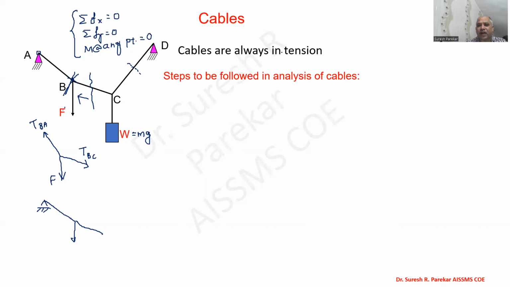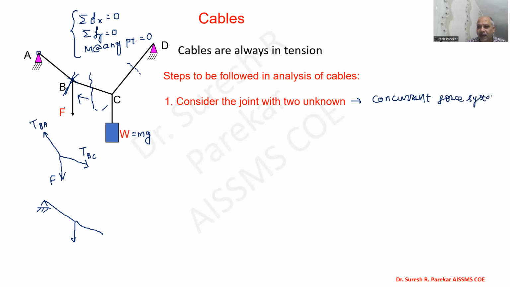Then the steps to be followed. Generally, the following steps are preferred. First, consider a joint with two unknowns. Any joint we consider should have two unknowns. Why? Because whenever we consider a joint, we have a concurrent force system. Any joint is a concurrent force system, and for a concurrent force system we have only two equilibrium equations, summation Fx = 0 and summation Fy = 0.